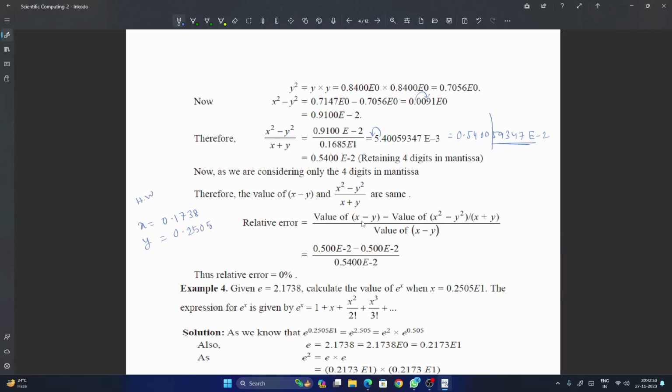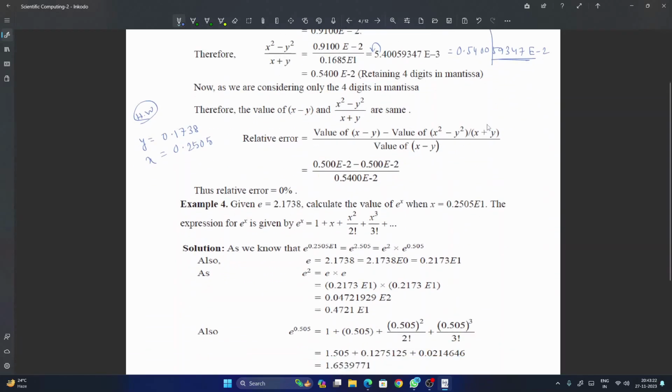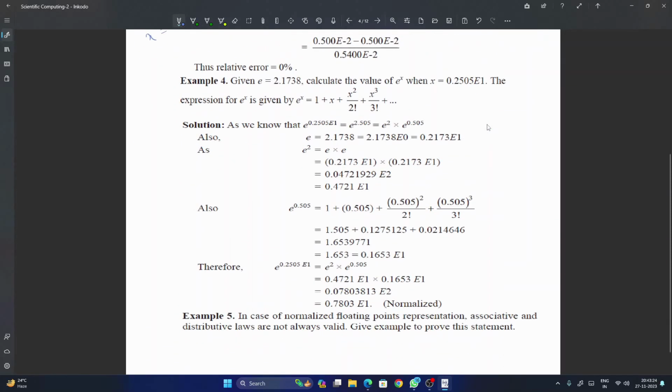Just take these values as x and y, and do it at home, and check whether for these two numbers there is any error or not. Maybe there is some error. But now you understood how the truncation actually happens. So if you use more steps, there is a possibility of neglecting more digits or precise values, which will produce error.